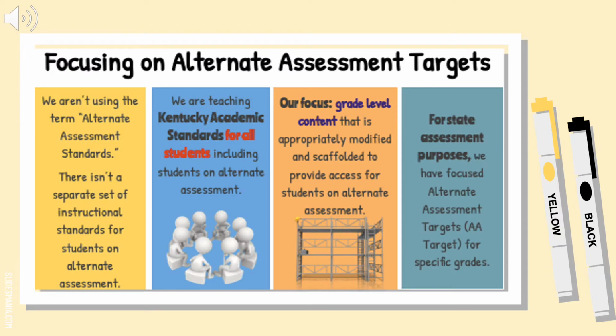Let's talk about alternate assessment targets. An alternate assessment target represents limits to a selected Kentucky academic standard. An alternate assessment target may reduce parts of the standard with specific guidance to what an assessment item could represent. Not all Kentucky academic standards selected for assessment will have an alternate assessment target and may display the language, "No limitations.